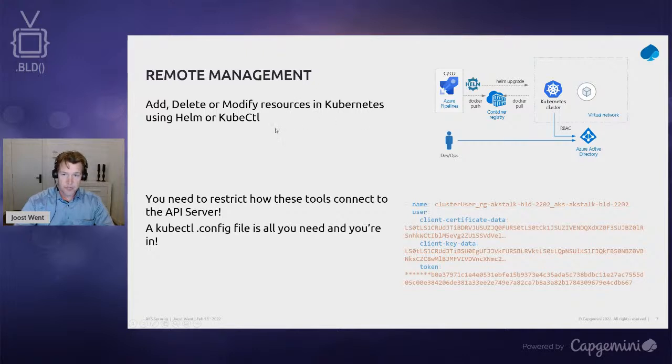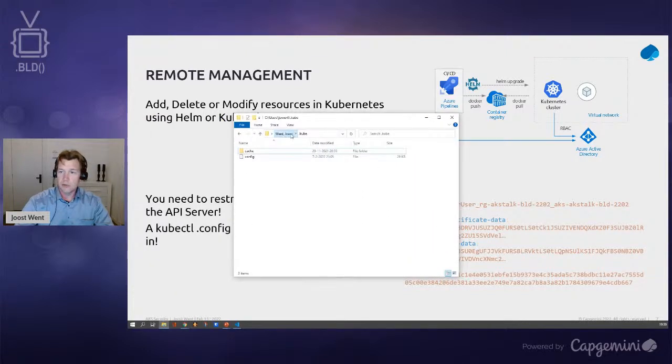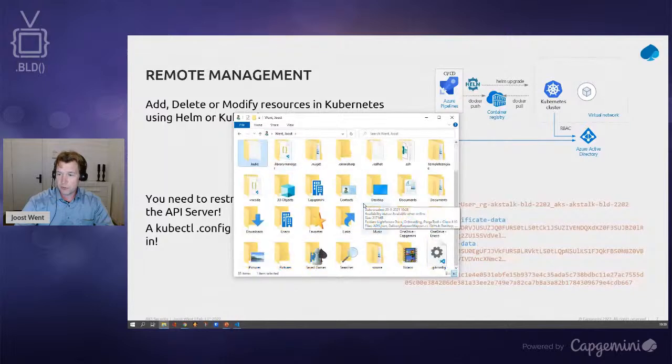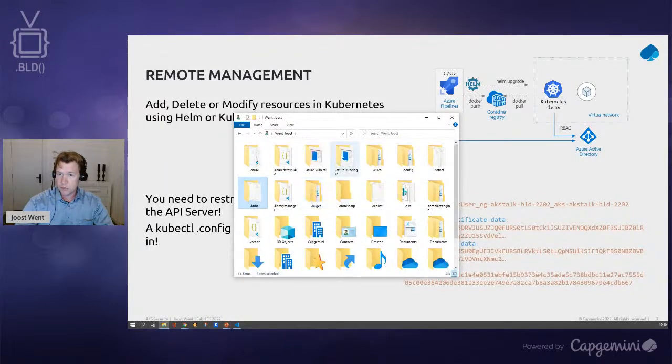You really have to protect them because all you need to access your cluster as a DevOps guy or as a pipeline is a kubeconfig file. And the kubeconfig file is just present on your machine. So let's open up an Explorer window here. Let's go through my user profile directory. This user profile directory contains my desktop, my contacts, my documents, etc. But there is also a .kube folder over here.